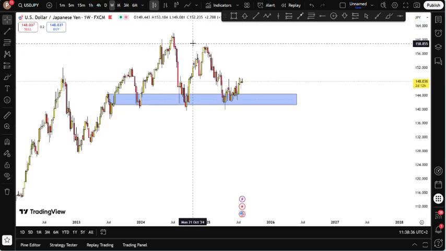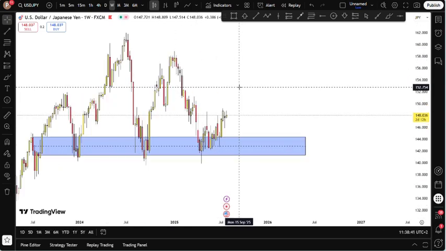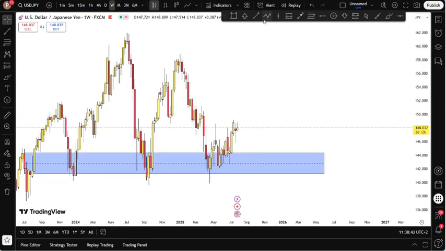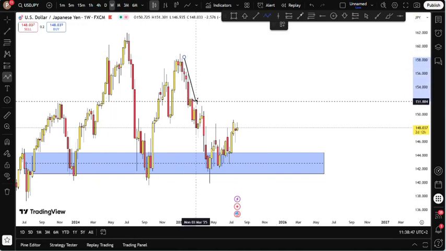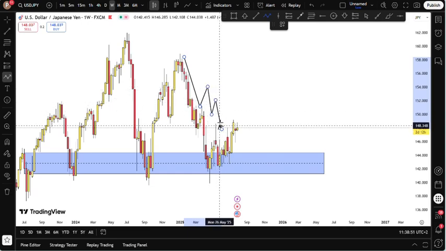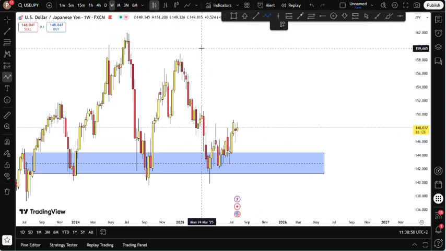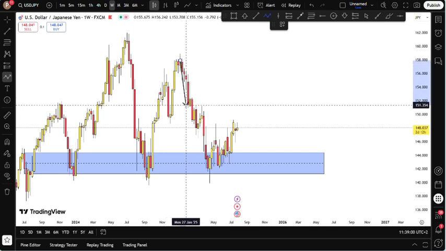But on the weekly, we get to see that we were on a downtrend here. When you zoom in, you get to notice a downtrend. Let me just throw it on top of it. Down, up, down, up, down, up, and then down. Okay, let me delete this and throw it on the chart, and then I'll pull it from the chart so that you can see it's a downtrend.